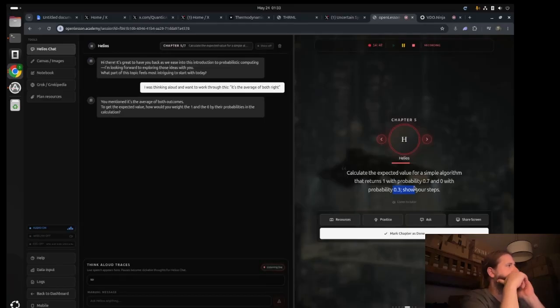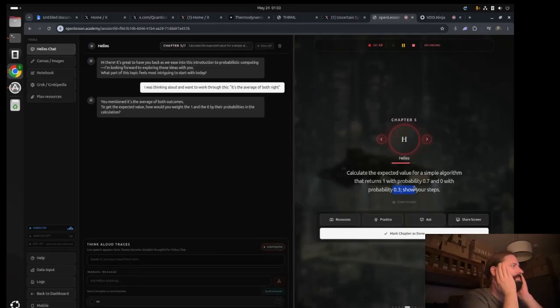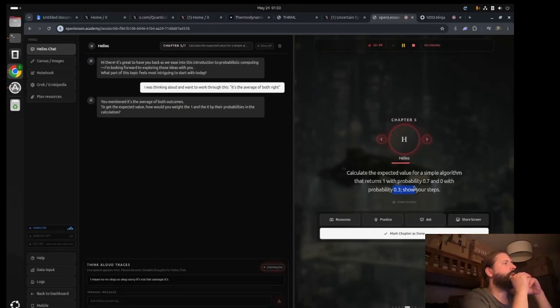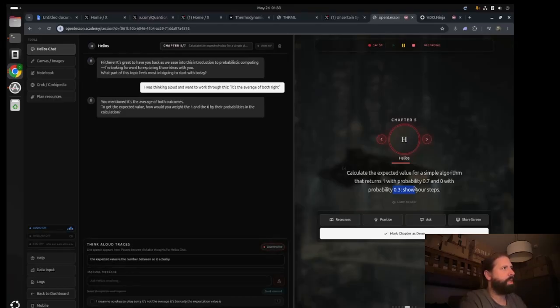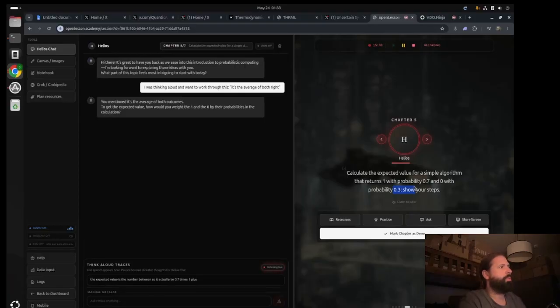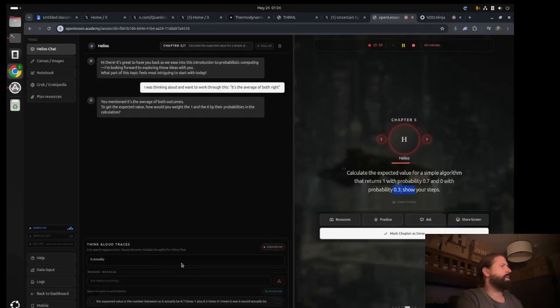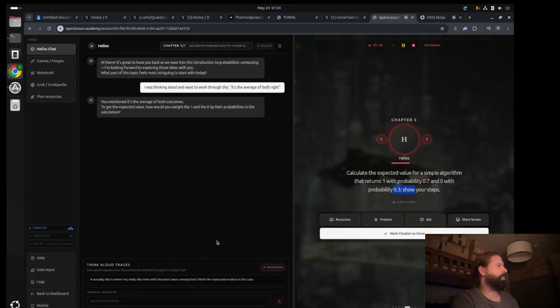I mean, no, sorry. It's not the average. The expected value is 0.7 times 1 plus 0.3 times 0. This is where I'm shaky, even with this basic concept, but I think the expectation value in this case would be 0.7.